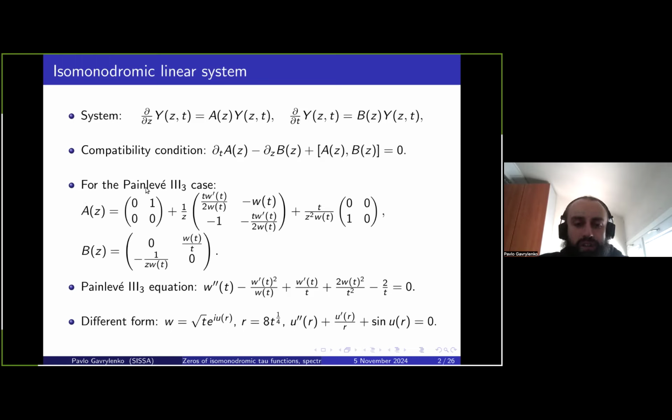let us consider a very particular example of this system, and it will be the basic example throughout the talk. It is the example of a Painlevé equation. So in this case, this matrix A has some generic matrix with coefficient 1 over z, and it also has higher order poles at 0 and infinity with Jordan block residues.